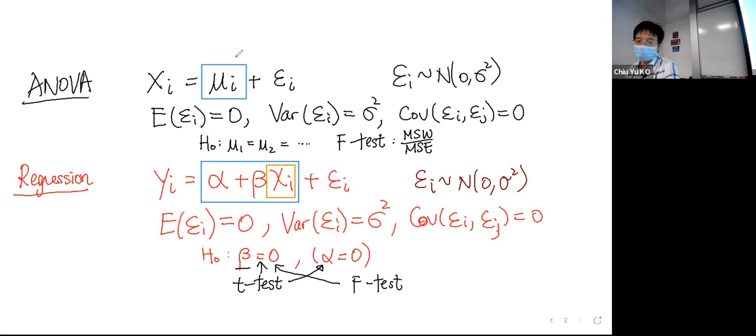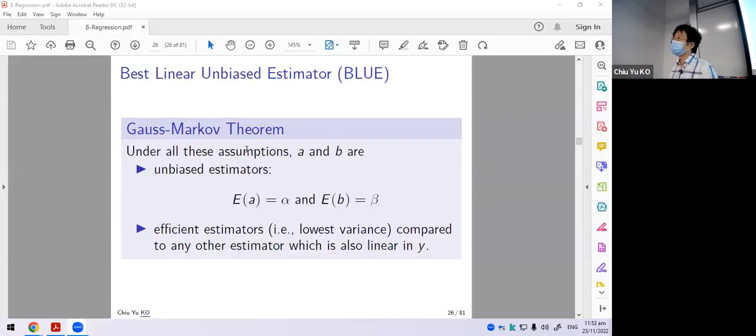Same as our ANOVA, we are making some assumption about how the data you observe is generated. If you're willing to make this assumption, then A and B from the least square estimate are indeed unbiased estimators of the real alpha and beta, and also efficient as well.